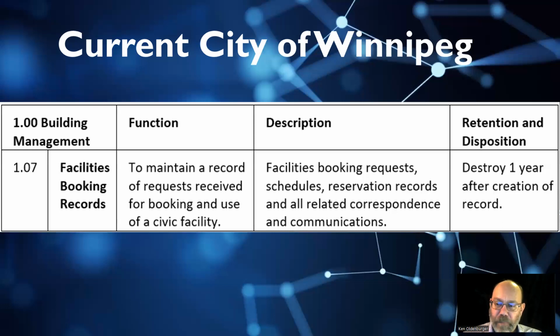Okay. I have some problems with this one. This is problematic for a number of reasons. So first of all, if you are maintaining and managing your records management program on a record by record basis, you either have to have a lot of record staff who are actively monitoring the filing repositories every day to discover records like this facilities booking records, which have expired, and then going through an approval process to destroy them every single day.